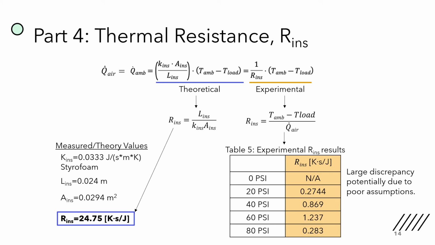The theoretical value can be found using the geometry, the length and the area here, and the thermal conductivity constant K. The value there is calculated to be 24.75 Kelvin seconds per joule. And on the other hand, the experimental value, which is calculated using the change in temperature over the heat input, is listed there in the table. And these values are much lower than the theoretical value, which indicates that our assumptions were probably pretty faulty.